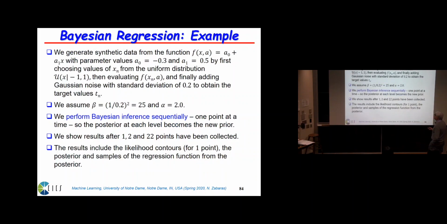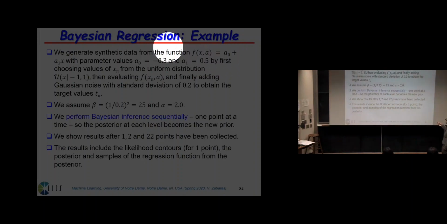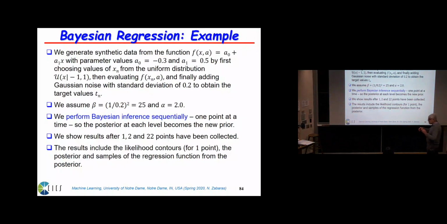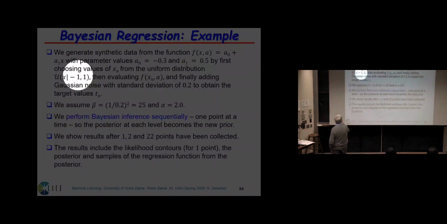All right, so let me give you an example with the posterior to see how these results look. We're going to take a true function that is a straight line, okay? And we're going to select the parameters as some fixed values, minus 0.3 and 0.5. I'm going to give you some training x points that I select uniformly between -1 and 1.